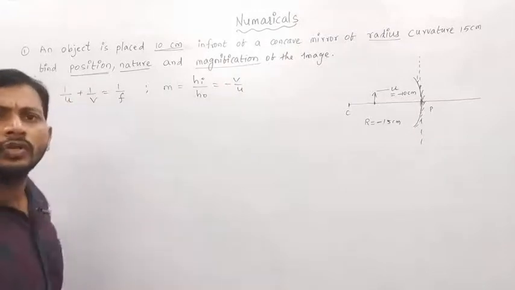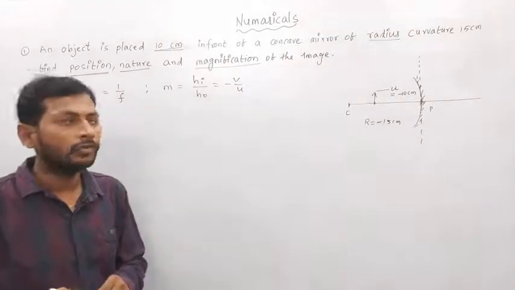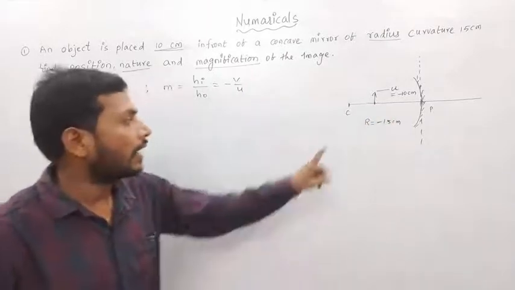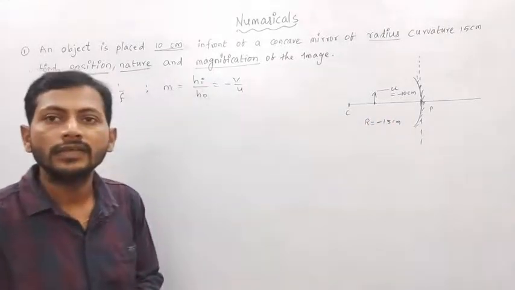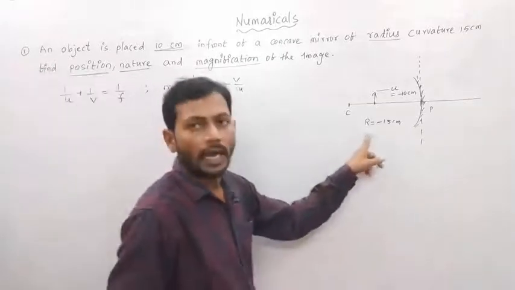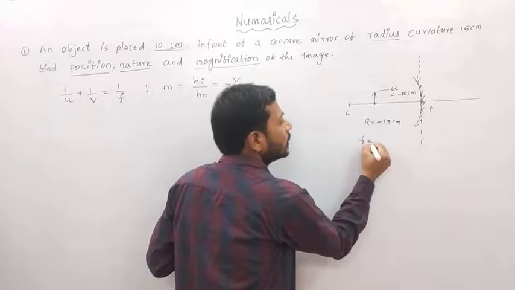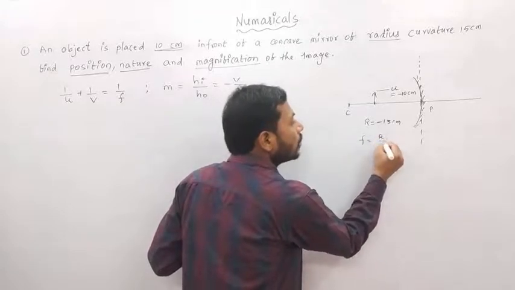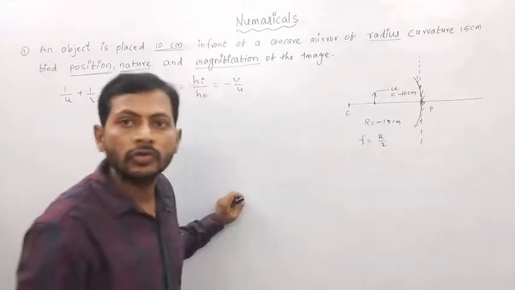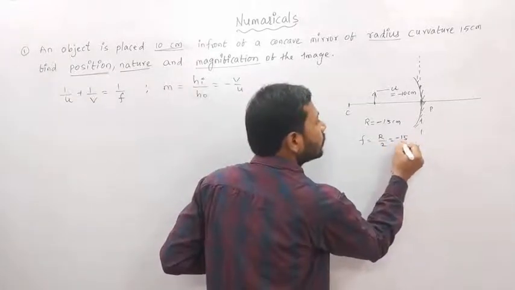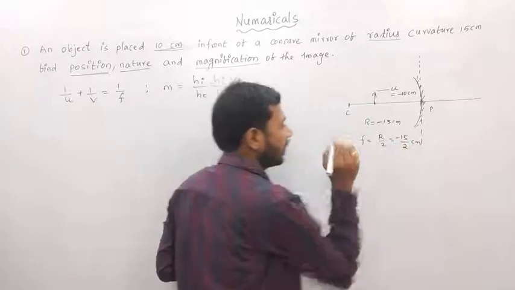These two formulas only we have. Now observe, from the given question you got u equals minus 10. Another one is r equals minus 15. From here the radius is minus 15, so focal length f equals r by 2. This formula we know, r equals 2f. Then I take f equals minus 15 by 2 centimeter.